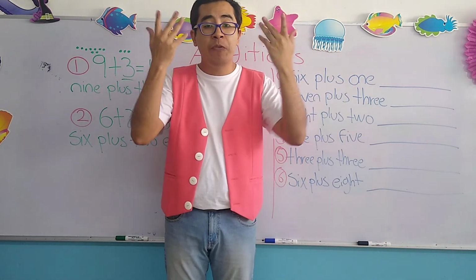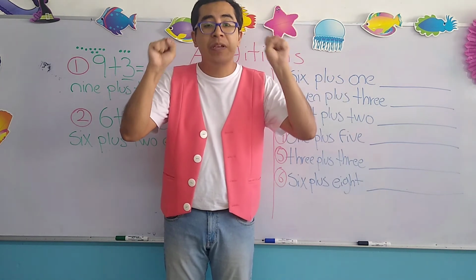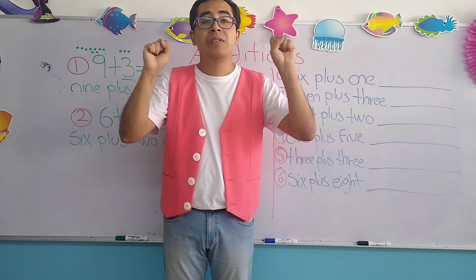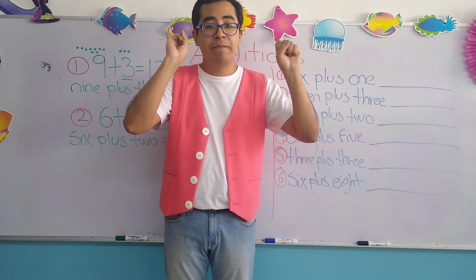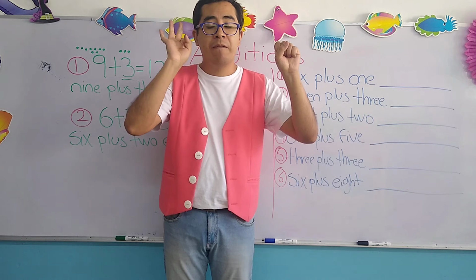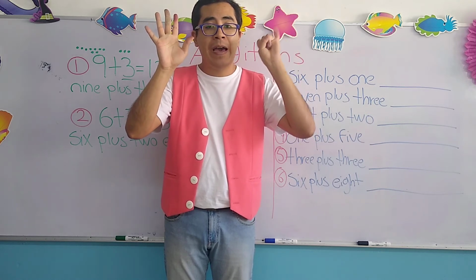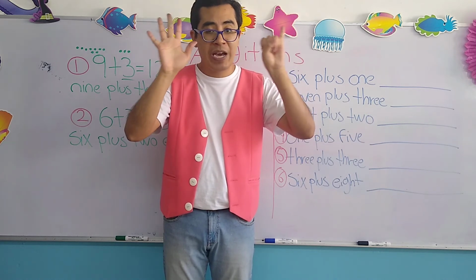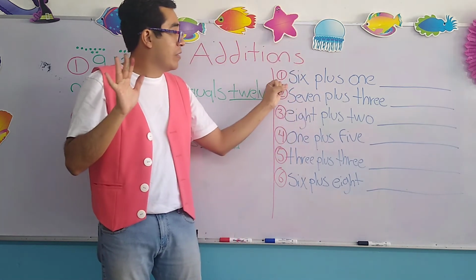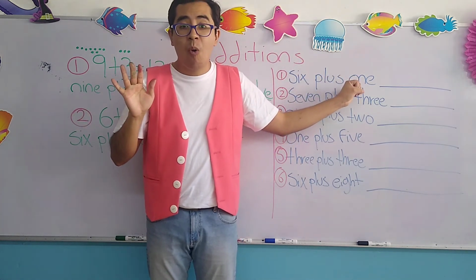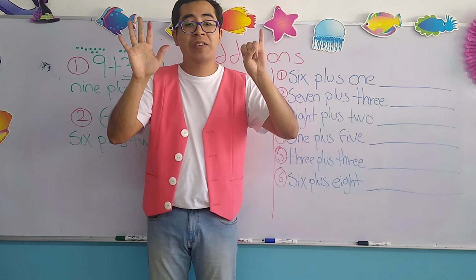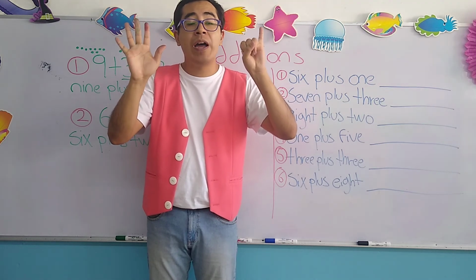So using both of our hands, let's count. First of all, primero 6 fingers. 1, 2, 3, 4, 5, and 6. Okay, we have 6 fingers. Now the second number, plus 1. We have to raise only 1 finger.